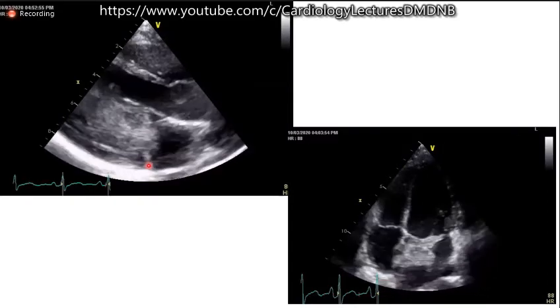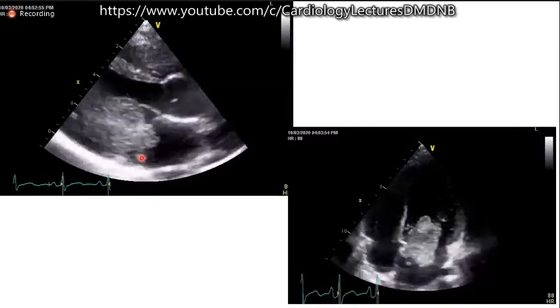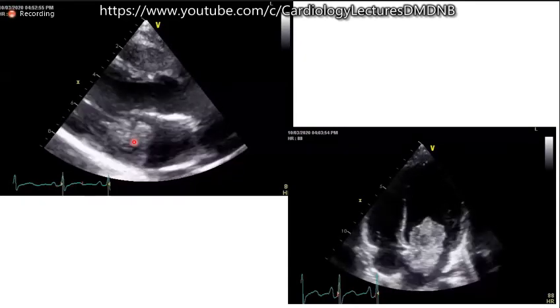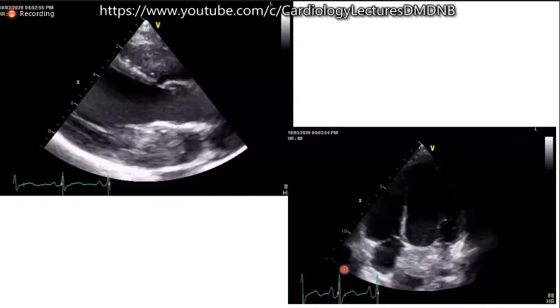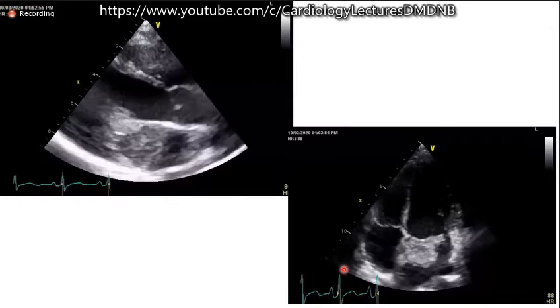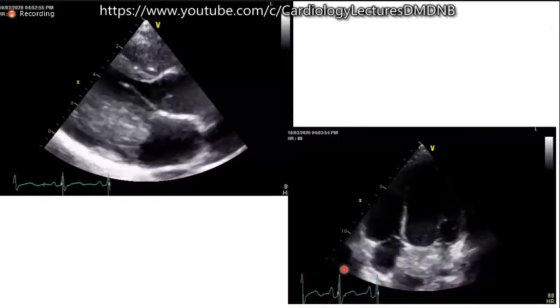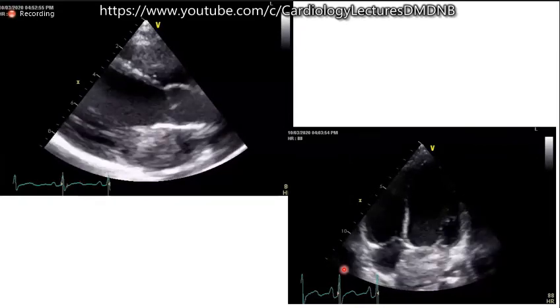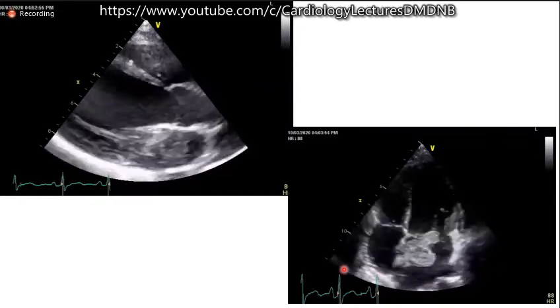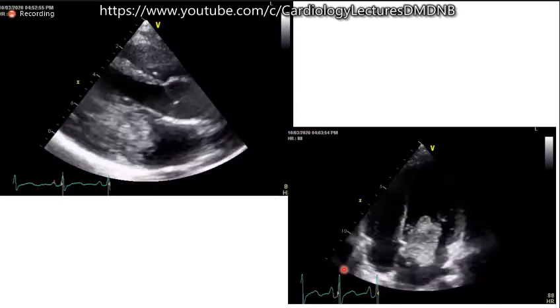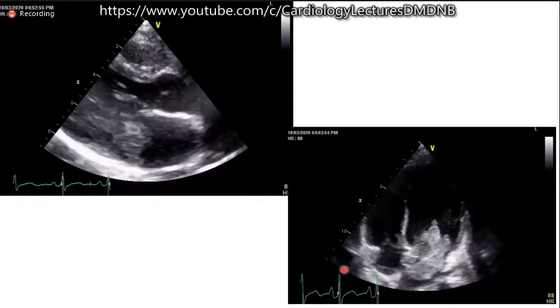Some areas are liquefied, some areas are more dense, some areas are calcified. So a change in the morphology as well as the echogenicity of the tumor mass is a point in favor of myxoma. And of course, whenever there's a tumor in the left atrium, you must always think of left atrial myxoma.